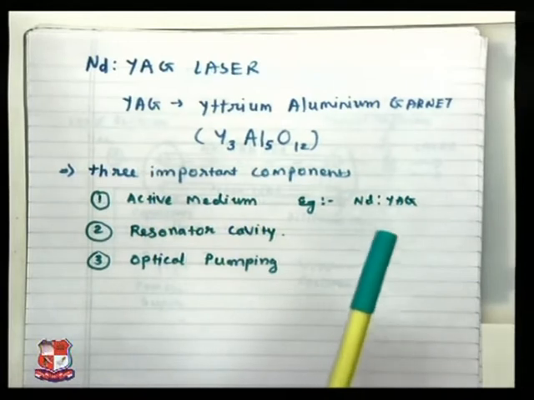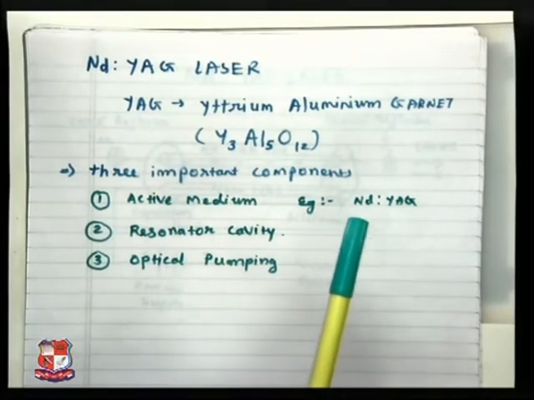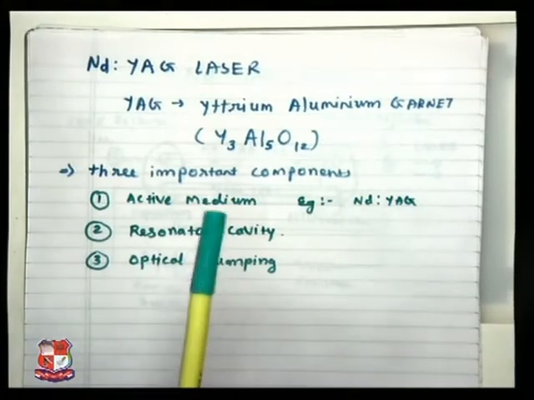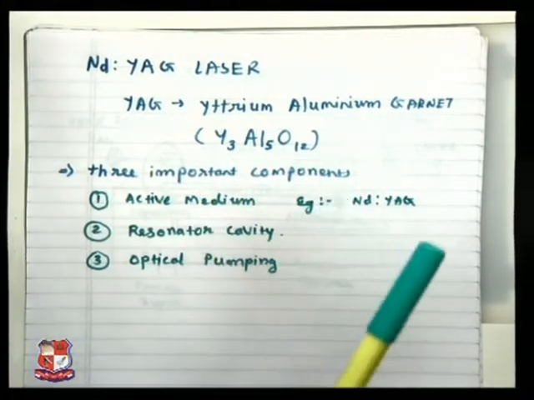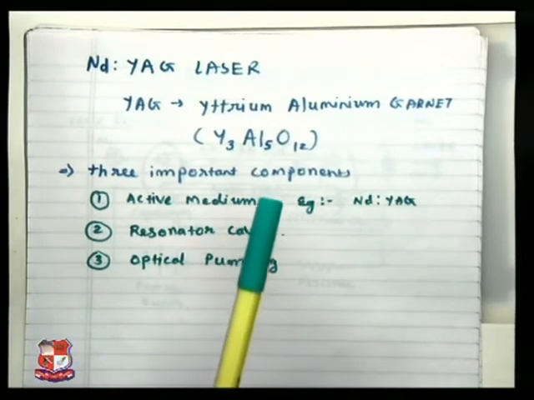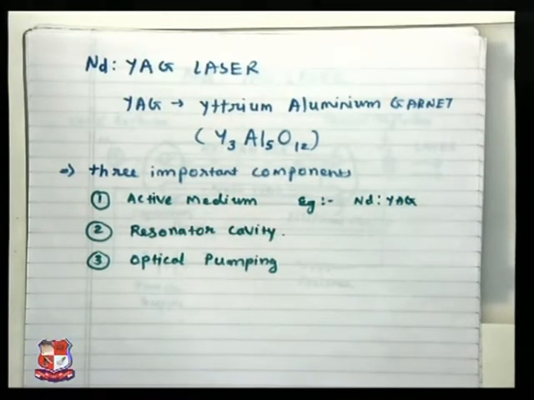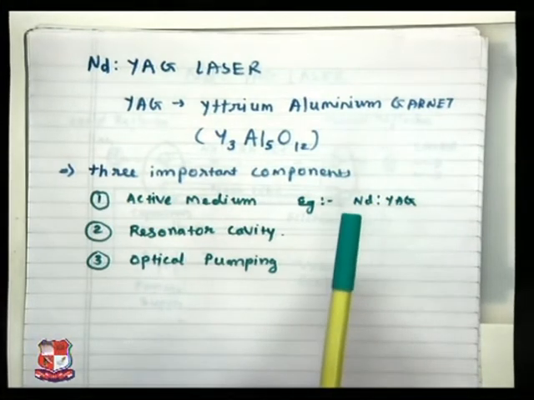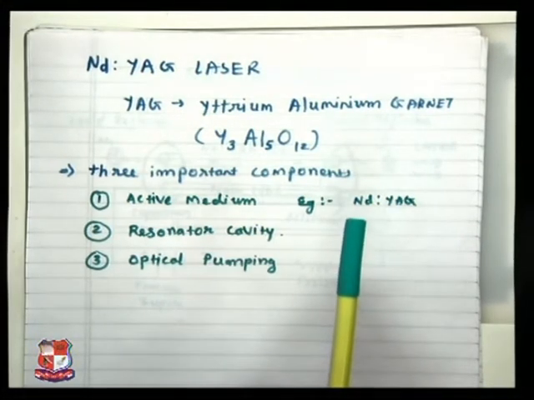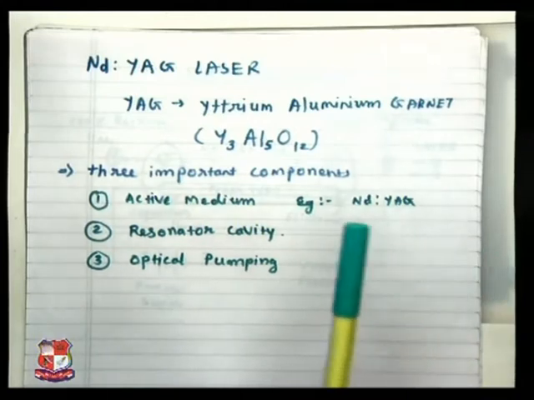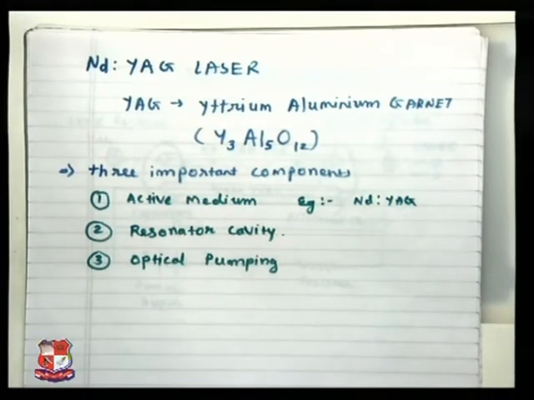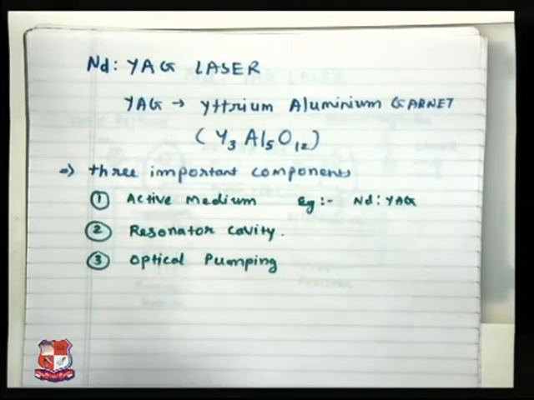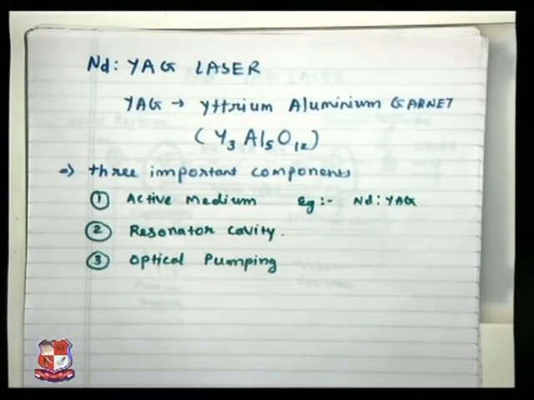The example is Nd:YAG, where a doping of neodymium is done in YAG through which you can obtain laser.